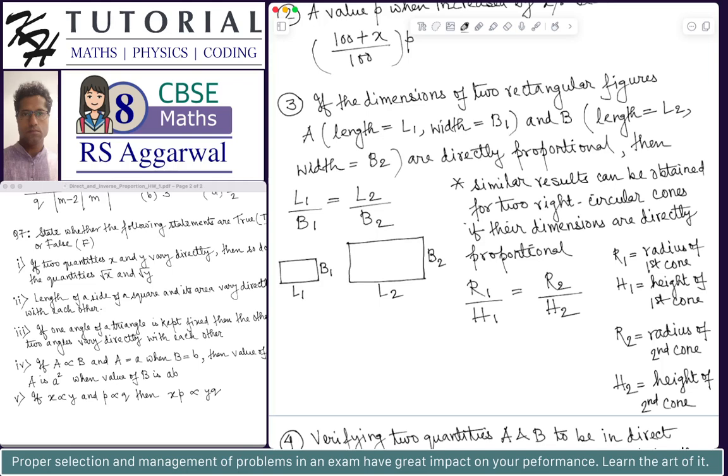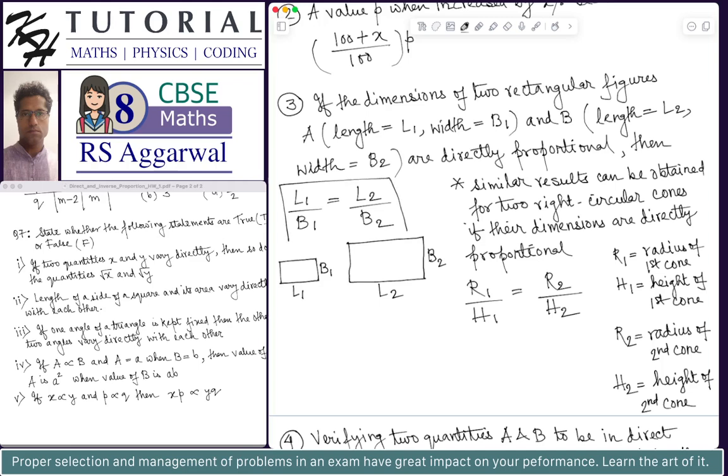So if the dimensions of two rectangular figures A and B, where figure A has length L1 and width B1, and figure B, which is also rectangular, has length L2 and width B2, are said to be in direct proportion, then what it means is that the ratio of the length and width of figure A should be equal to the ratio of the length and width of figure B, that is L1 by B1 is equal to L2 by B2. This is what it means.